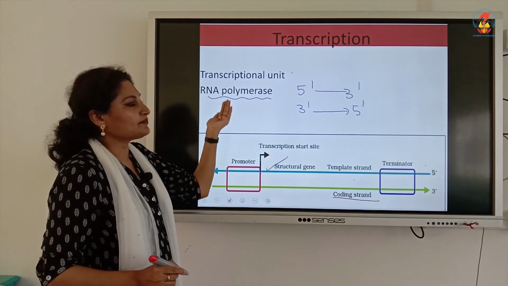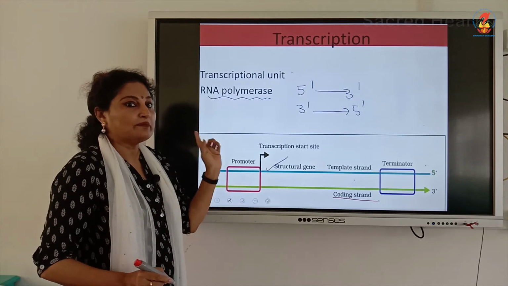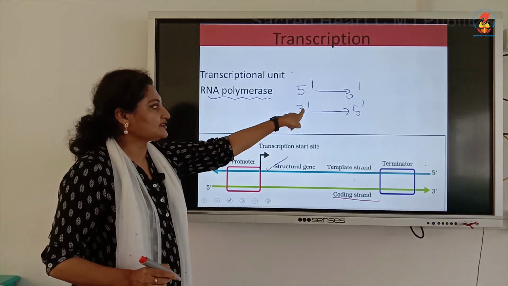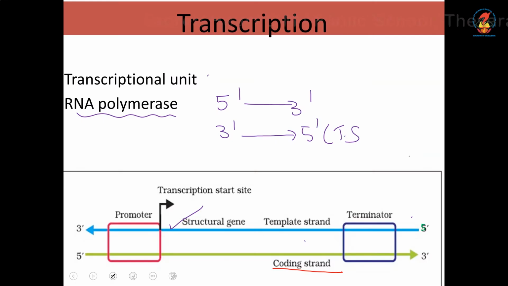The role of the RNA polymerase is to bring the nucleotides complementary to the base pairs found on the 3 prime 5 prime strand, and now we know the name of the strand. It is called the template strand.